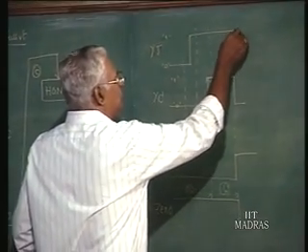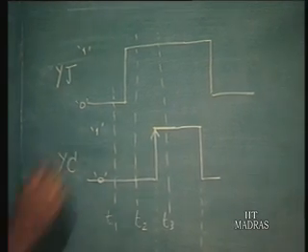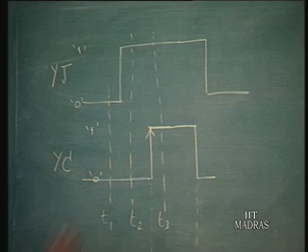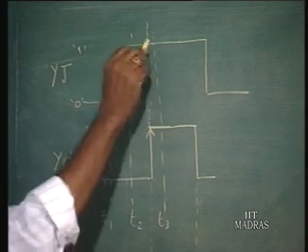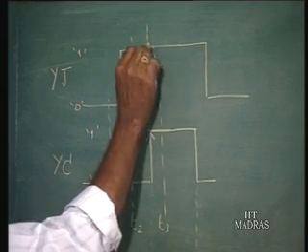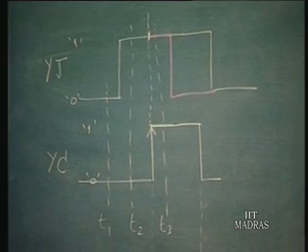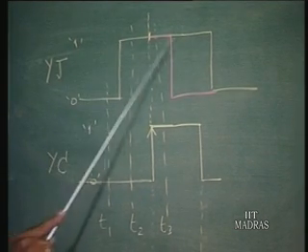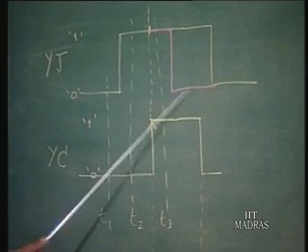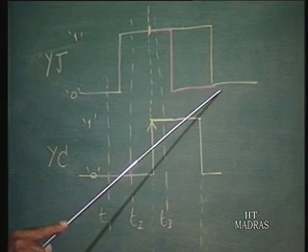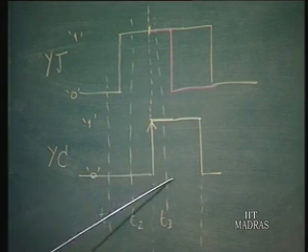Now, what about Yj? Suppose it continues, and on the other hand, suppose after this instant, when the inputs would have been sensed, it had fallen here. Now, there are two situations. In one, Yj continues for some more time, whereas here Yj falls. Now, the change in the input really does not affect.